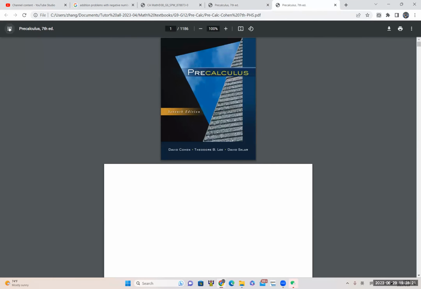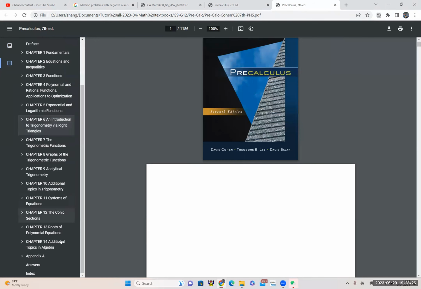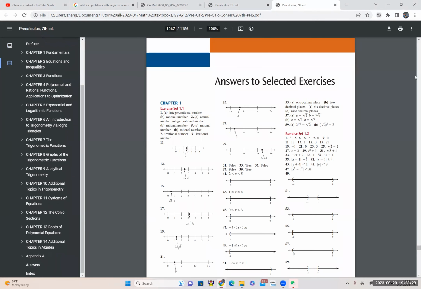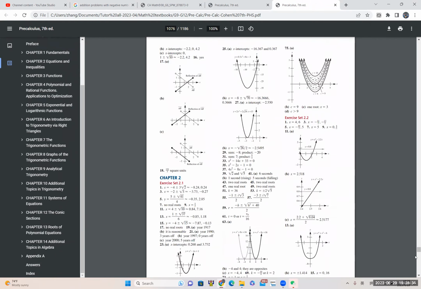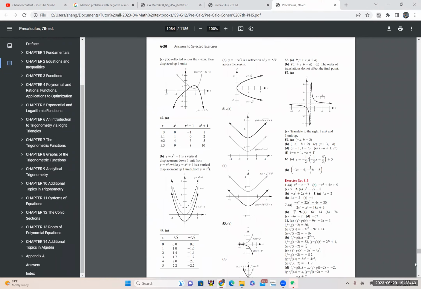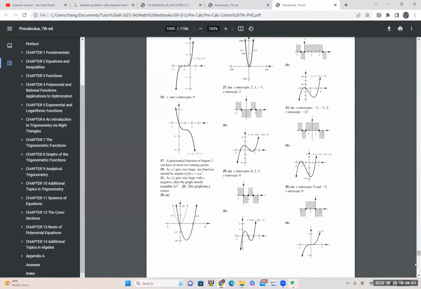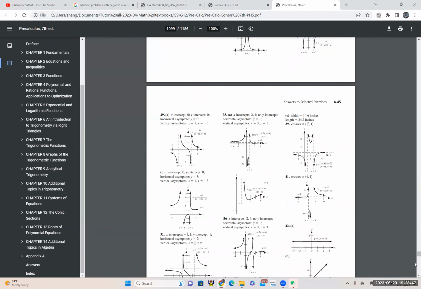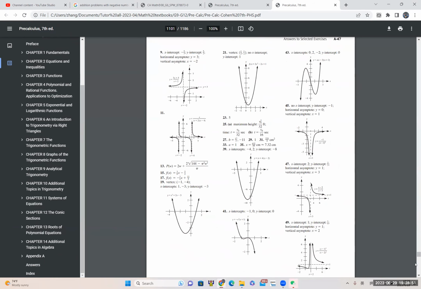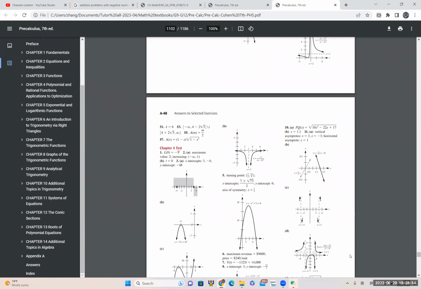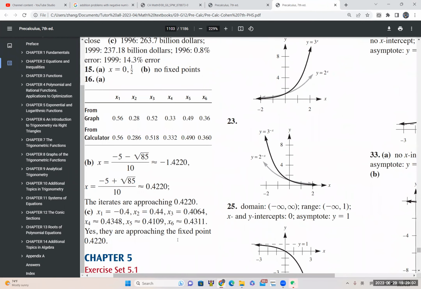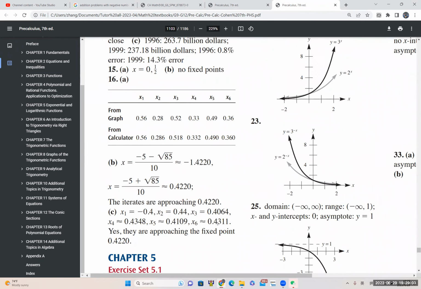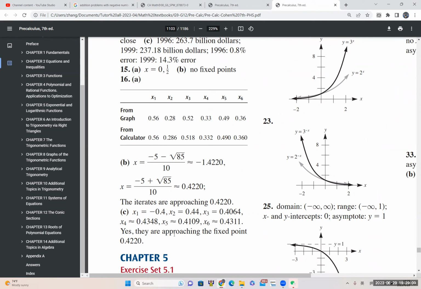This is the chapter 4 test, the last one. 0.422, right?